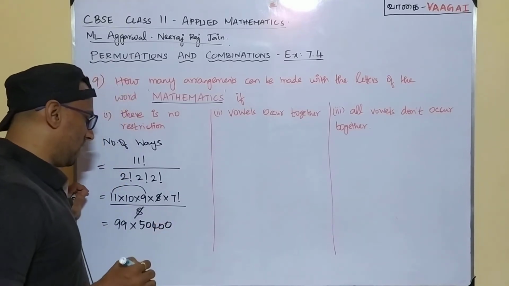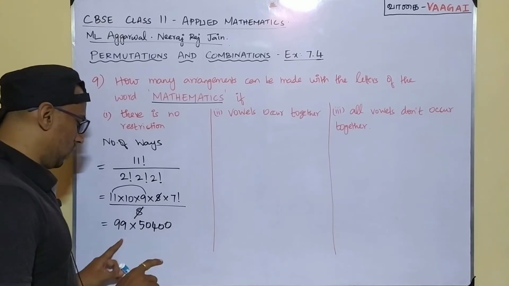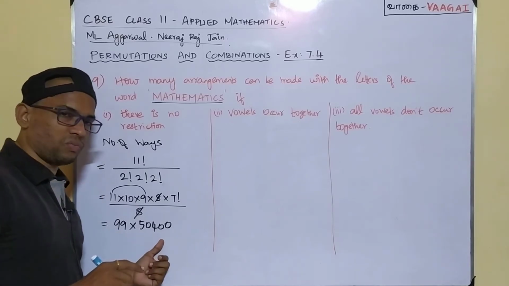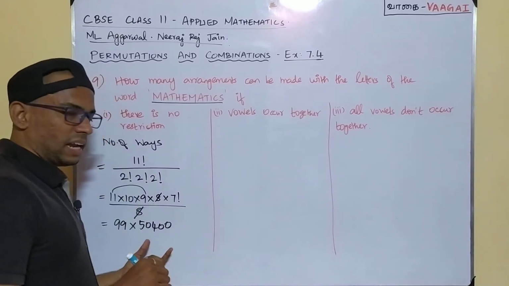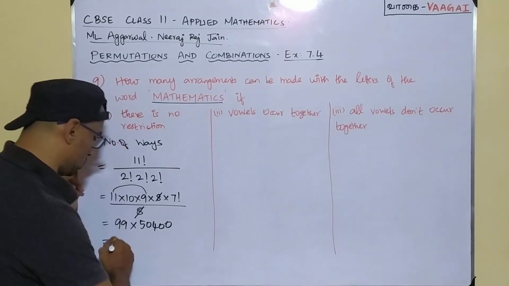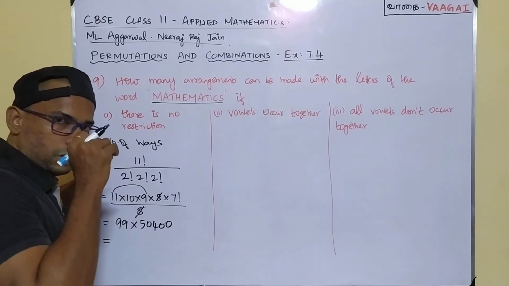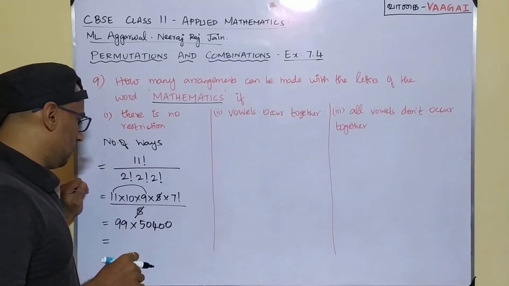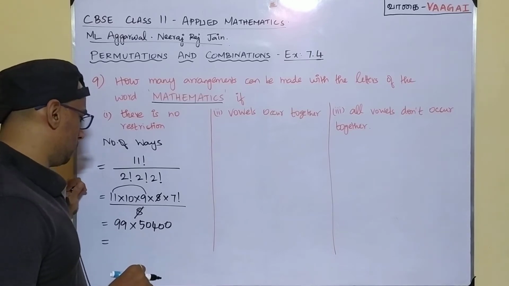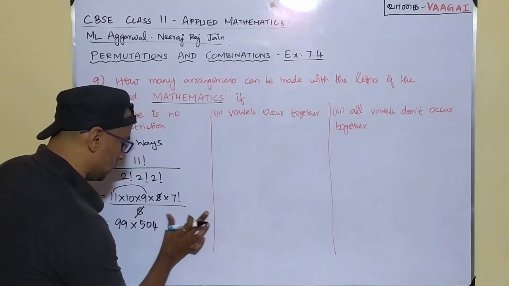So 50400. In order to complete our answer, we'll have 99 times 50400. This will be our answer. Now we have to calculate the value of this. What logic we can apply here is a simple thing. I will take this calculation something like this. Maybe for comfortability I'll write like this.